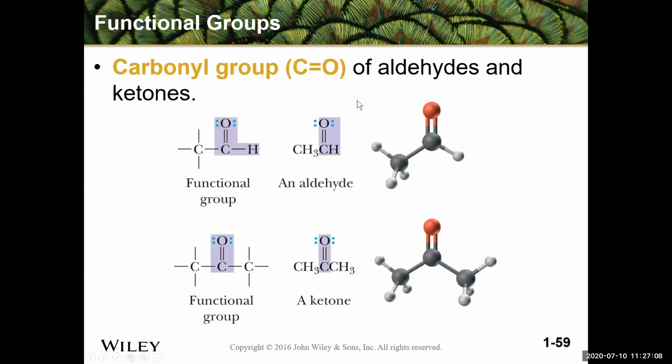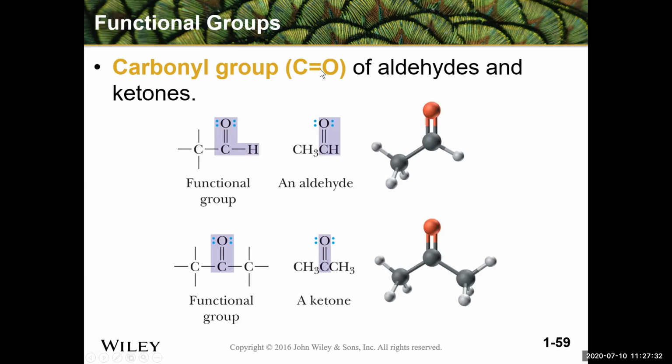Now you have another functional group called a carbonyl group, and you have two subclasses of organic compounds containing a carbonyl group. The hallmark of a carbonyl group is this carbon-oxygen double bond.